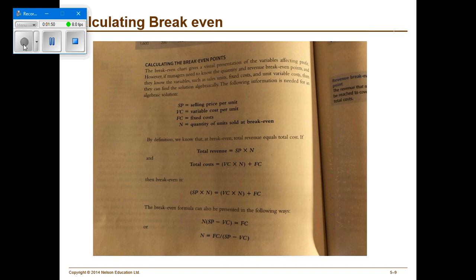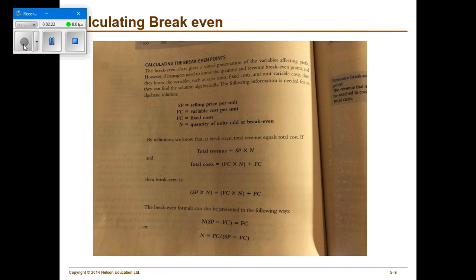Total cost is the variable cost per unit multiplied by n, which is our 1,000. So variable cost was $2 times 1,000, that's our total variable costs, plus any fixed costs. Maybe we have 15,000 in fixed costs. So that would be 15,000 plus variable cost total of 2,000, so our total cost would be 17,000.